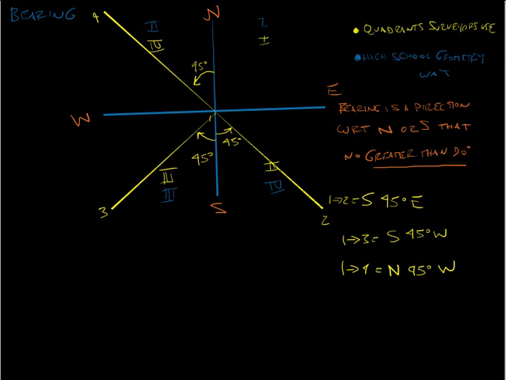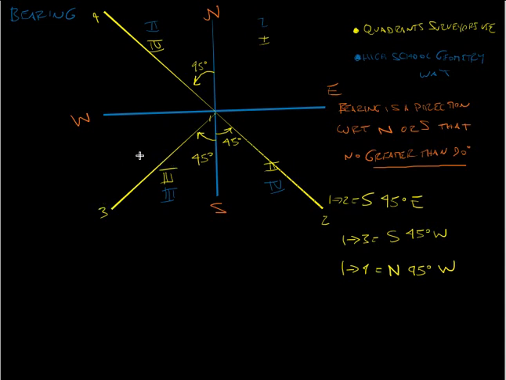And the same thing if I drew a line 1 to say 5, and it's 45 degrees off north, it would be a bearing of north 45 east. So these go up to 90 degrees.